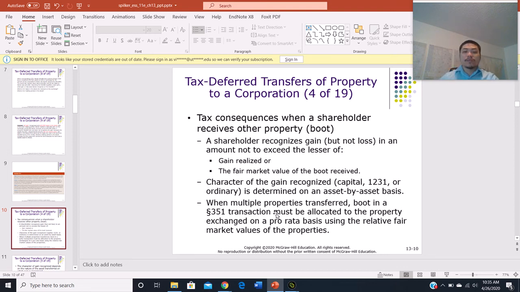All of this is better explained through an example, so we're going to do an example in a bit. So what's the most important thing we need to know from this? If there's boot involved, meaning the corporation gives the shareholders not only stock but also some other form of property.